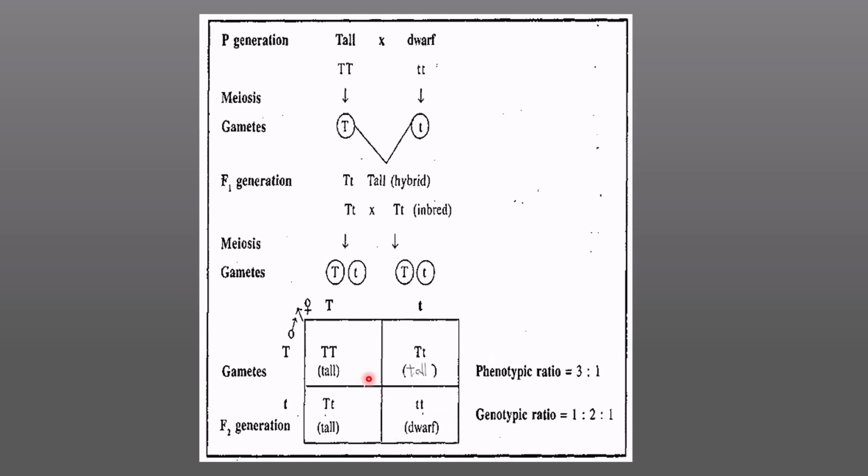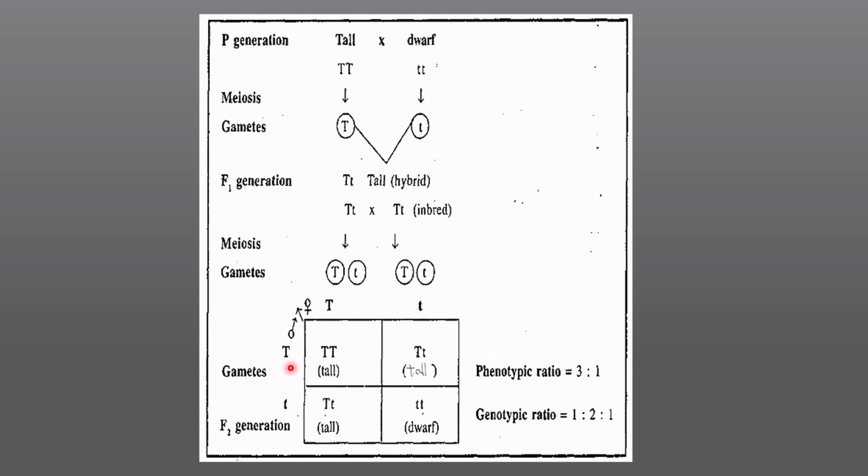The Punnett square was proposed by Reginald C. Punnett to predict all the possibilities of the offspring that can appear in the F2 generation. Here the genetic constitution of the gametes of one parent is taken above, and the genetic constitution of the gametes of the other parent is taken on any one side.